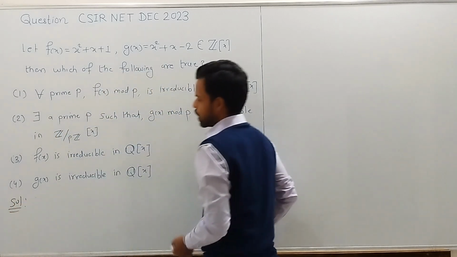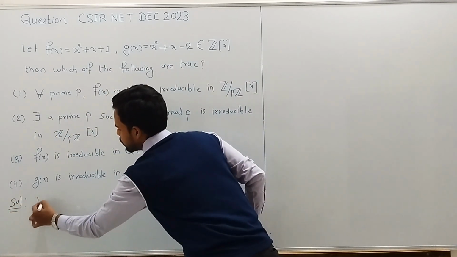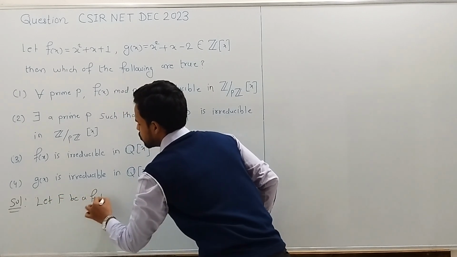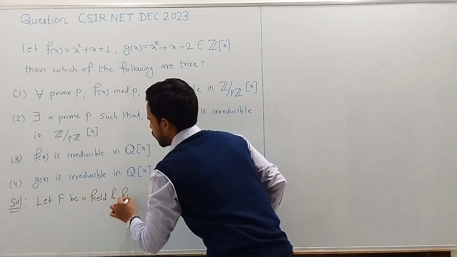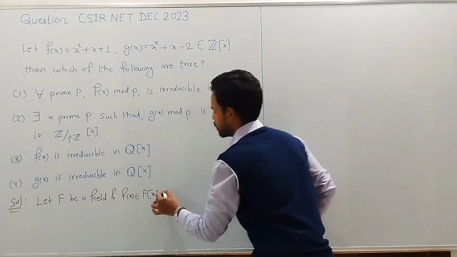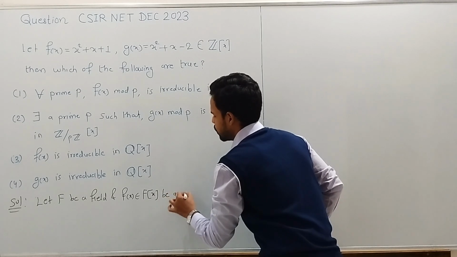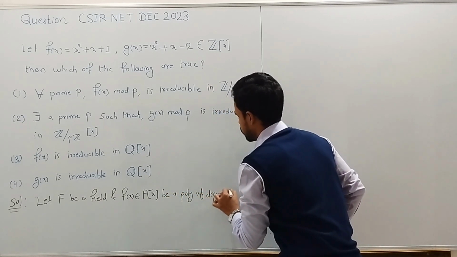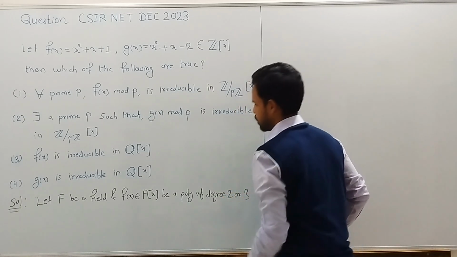To solve this question, we will use the result. Let F be a field and f(x) belonging to the polynomial ring F[x] be a polynomial of degree 2 or 3.